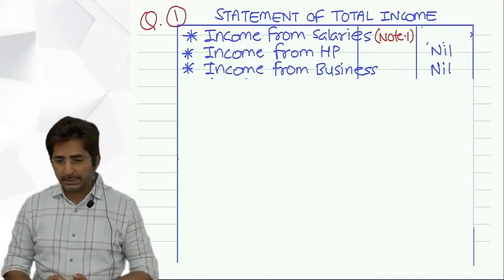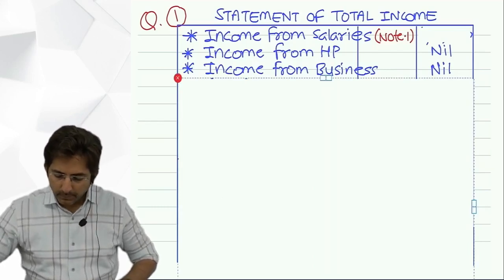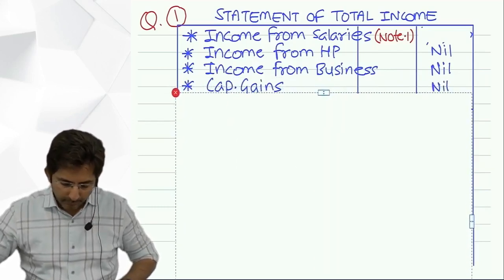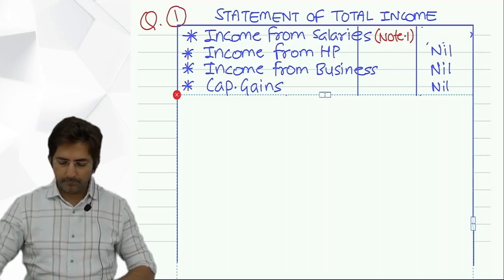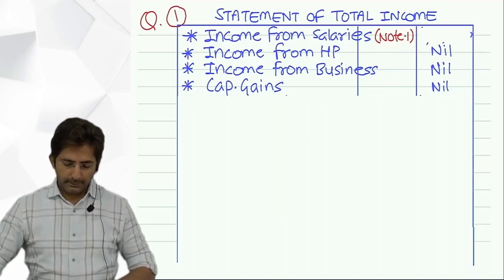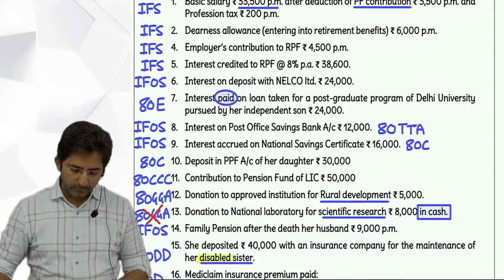Then what is the next head? Capital gains. Do we have anything in capital gains? Not there. So nil. Then income from other sources, do we have? Yes, we had a few items of income from other sources.